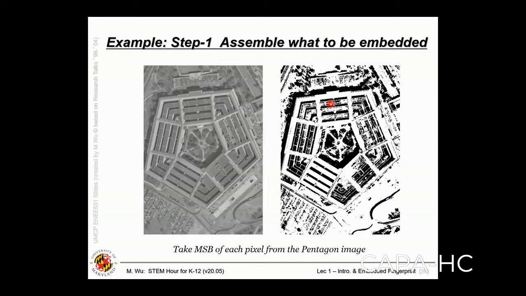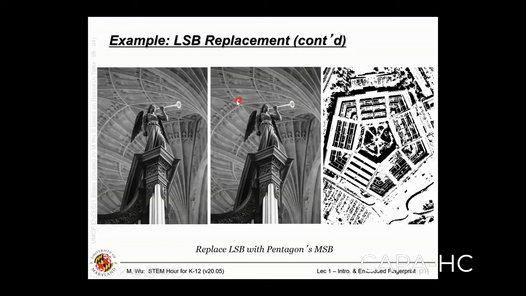And what I'm going to do is put this bit into the least significant bits, the not so important ones, in the statue picture. So one of these pictures was the original one, and the other had the Pentagon image encoded into it.